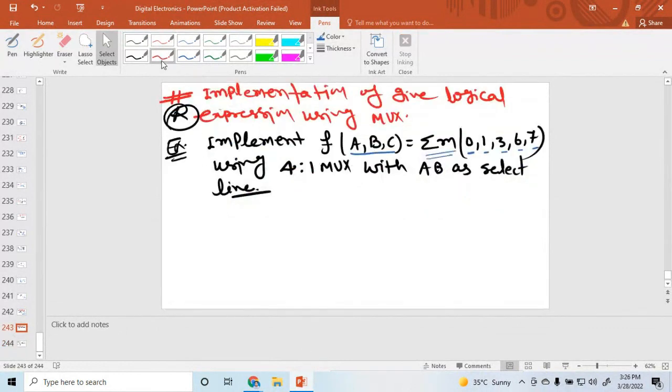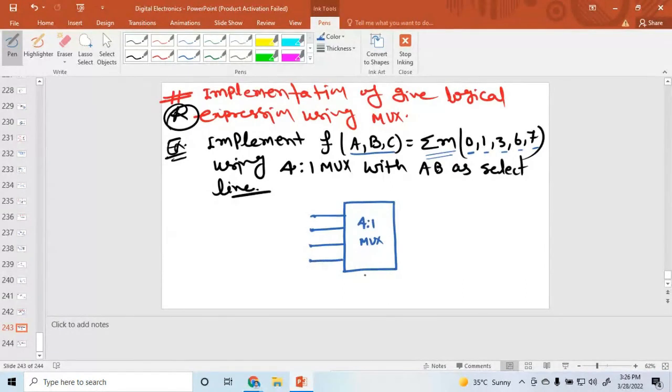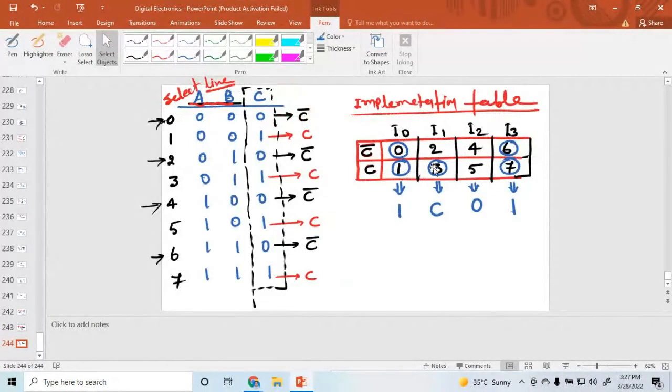So how do we design the 4 to 1 mux? The 4 to 1 mux has 4 inputs, 2 selection lines, and 1 output Y. The inputs are I0, I1, I2, I3, and the selection lines are S0 and S1, whose values are A and B. AB is the select line, and the input terms are I0 is 1, I1 is C, I2 is 0, and I3 is 1.